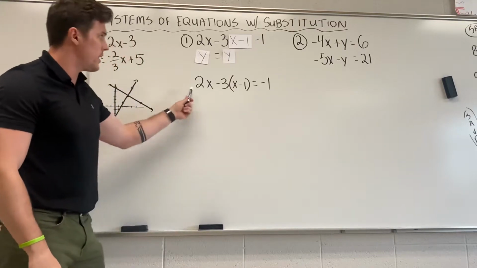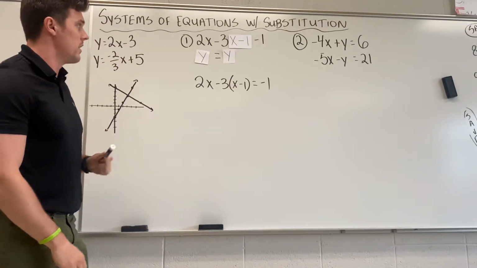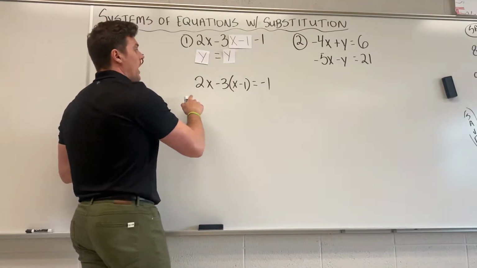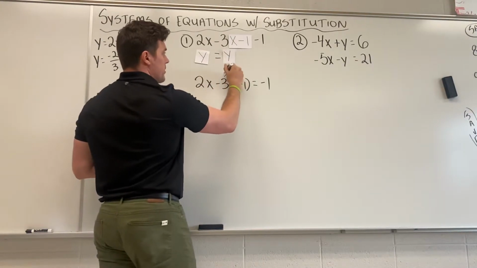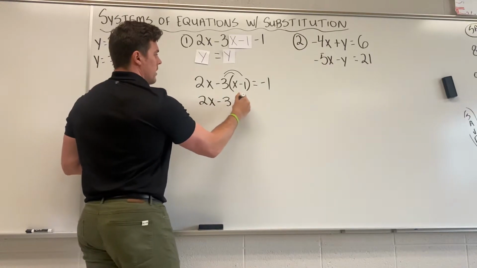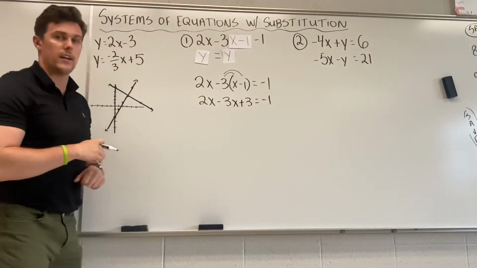So when we're solving this equation, I'm obviously trying to get x alone, right? I only have x's here. And remember when we talked about graphing, I'm trying to find both x and y, okay? So we'll come back to that idea in a second here. I'm first going to distribute this -3. That gives me 2x minus 3x plus 3 equals -1.